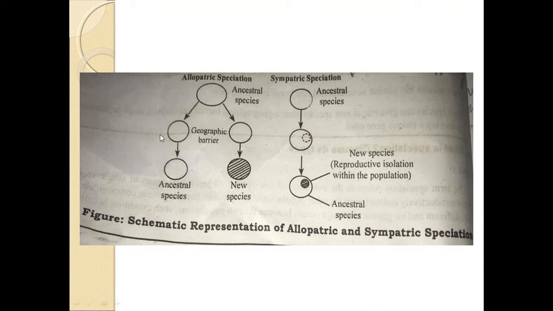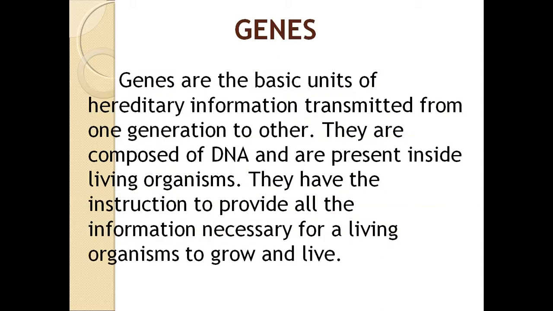You can see here two different populations due to the geographical barrier, and new species, new organisms. Species is nothing but a group of individuals, a group of organisms. New species will be formed by allopatric speciation.